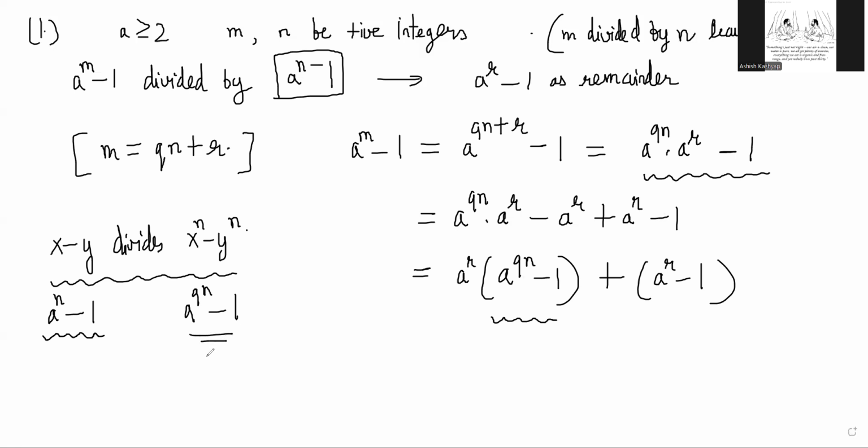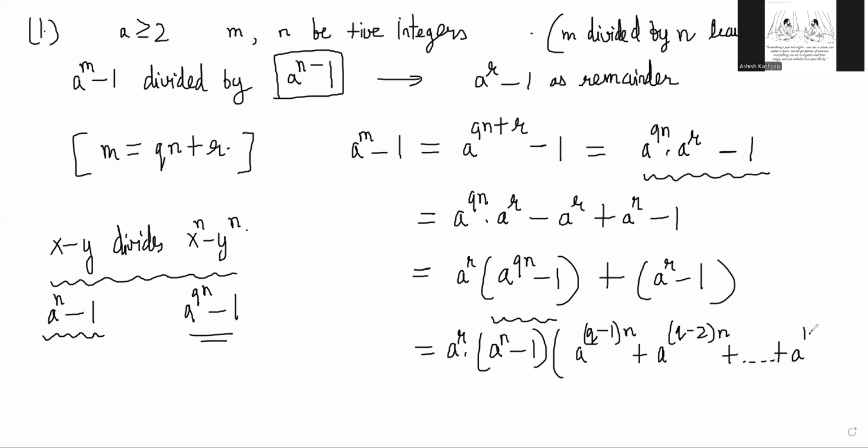this because you can try it out. So we can write it as, keep the a power r untouched. We can write a power n minus 1 and a power, it will be q minus 1 into n plus a power q minus 2 into n plus so on till a power 1 into n plus 1.